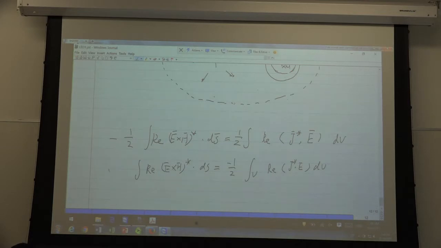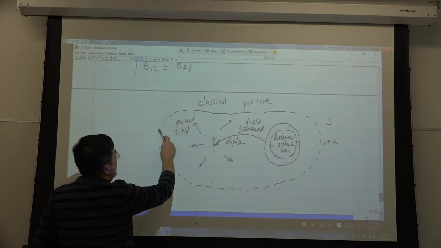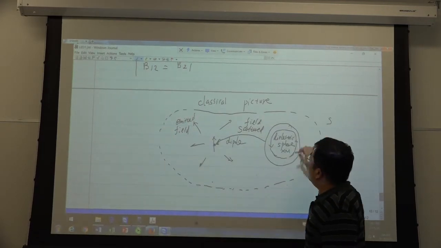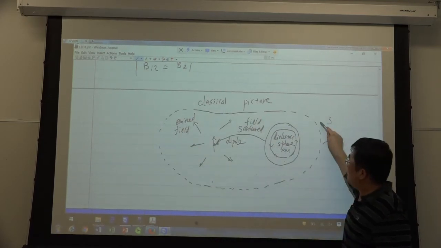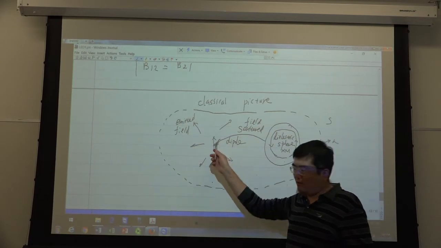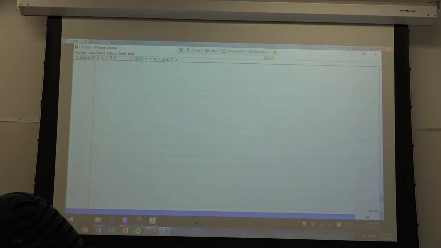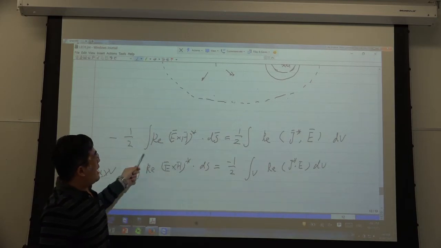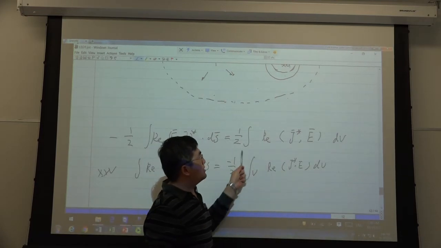They said this is the virtual surface. The total real power emitted out from this closed surface is provided by the source. So the total power emitted out from this closed surface is provided by this current source.